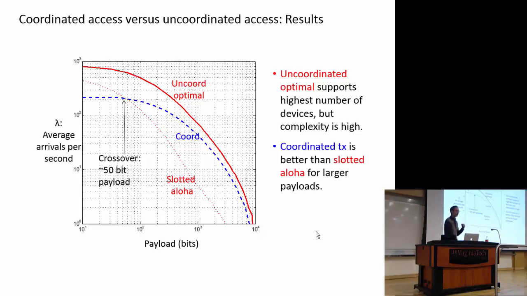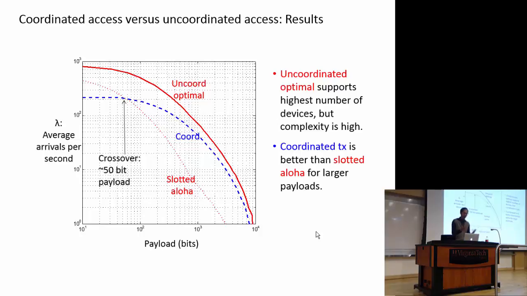So for very small payloads, don't invest in the overhead, just use slotted aloha, and if there are collisions, then transmit again. But if the payload is larger than that, then it makes sense to invest in the overhead and do coordinated transmission. But then on top of both of these is uncoordinated optimal. So the uncoordinated optimal actually does better than the coordinated.